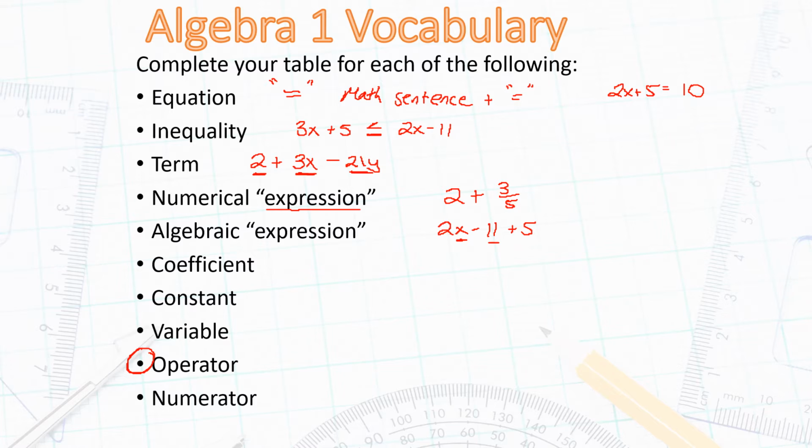Coefficient, this is the number that comes before a variable. So when they're in the same term, so they're separated by, say, two operations, the 4x is the term, the coefficient is the numerical part of a term. So if I was writing that out, I'd write numerical or number part.